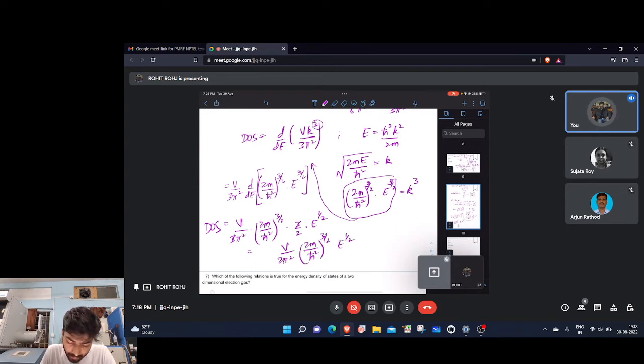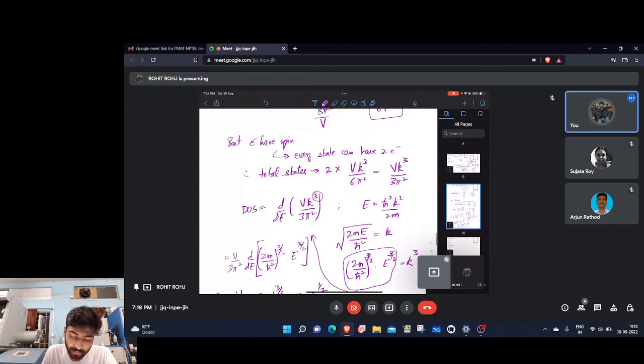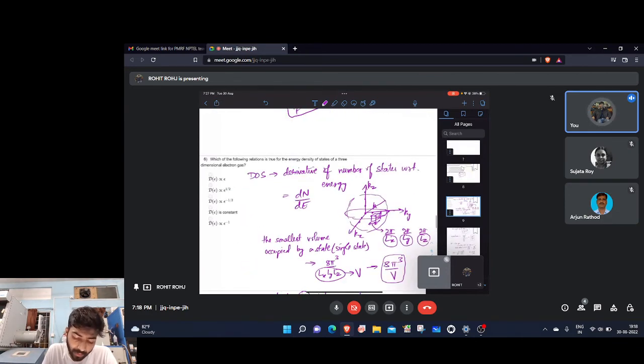So in 3 dimensions, the density of states varies as E raised to power half, and this is the answer.